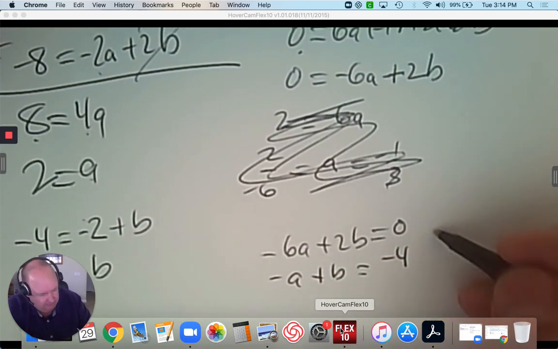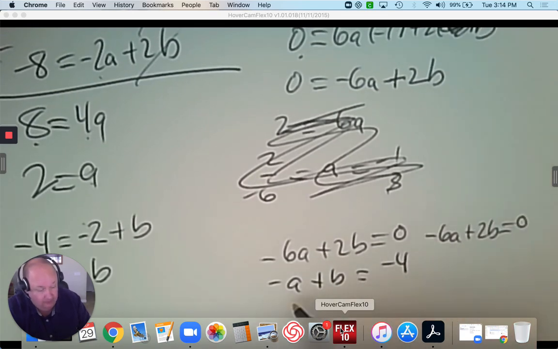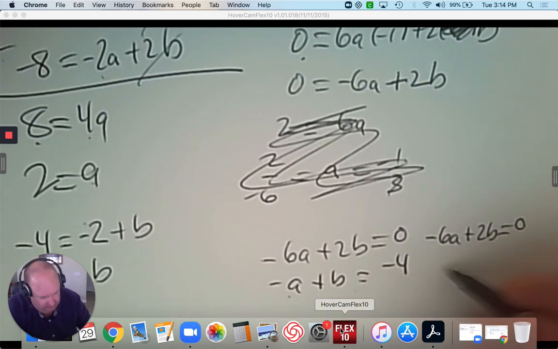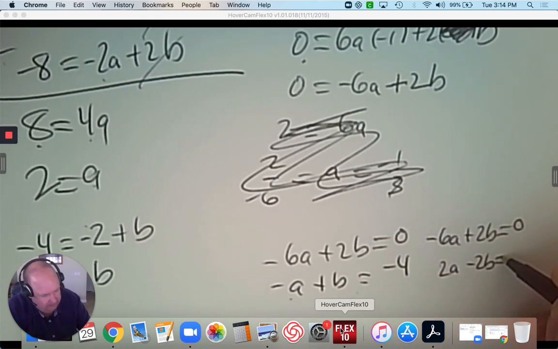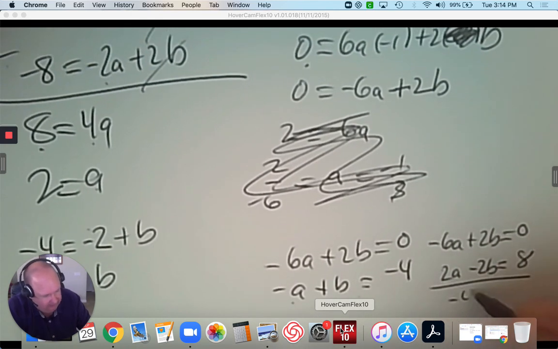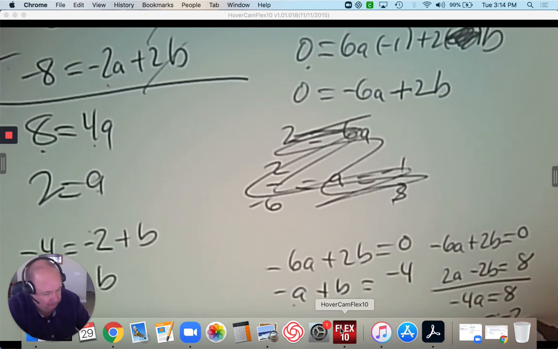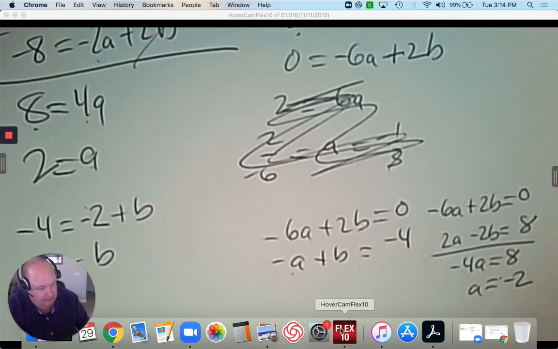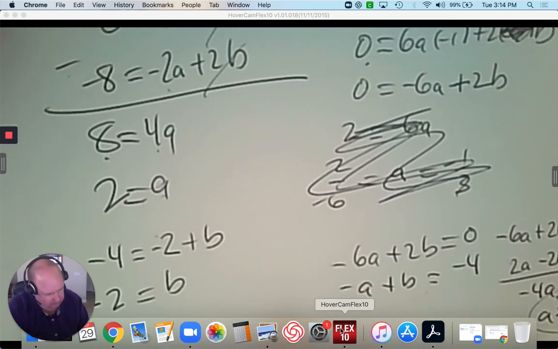So how about if I tried a different way? The answer key shows something else, but let's see. If I multiply by negative 2, I get positive 2a, negative 2b, and positive 8. So I get negative 4a, divide, I get negative 2 this time. So I get a equaling negative 2 by going this way. So what did I do wrong over here?